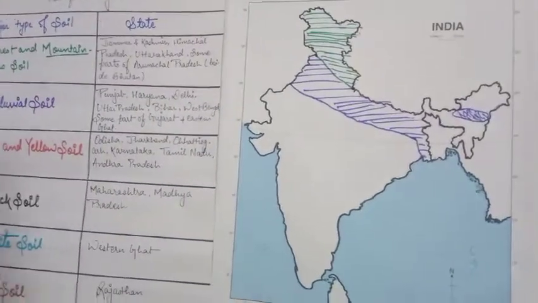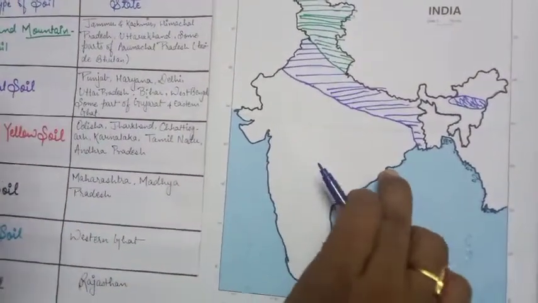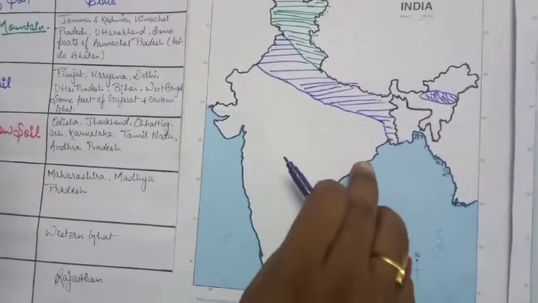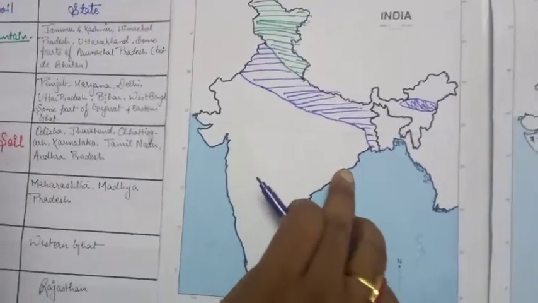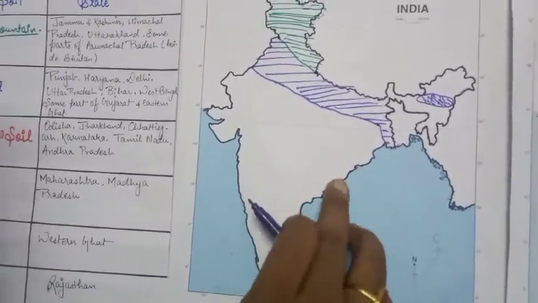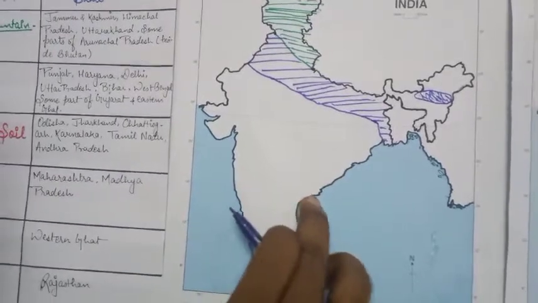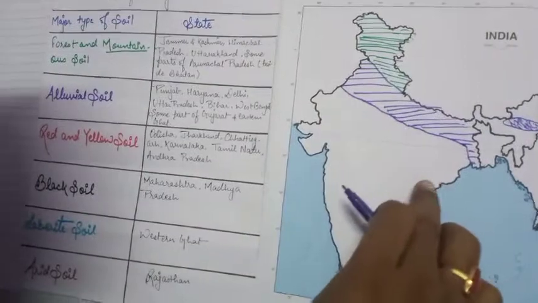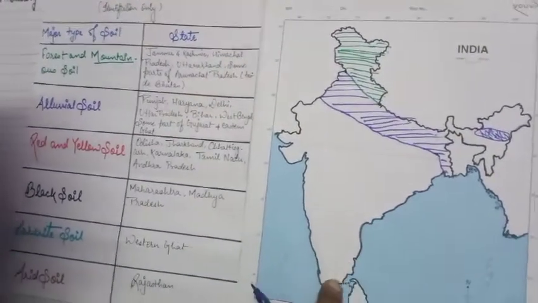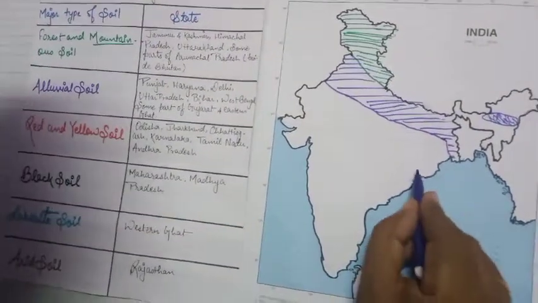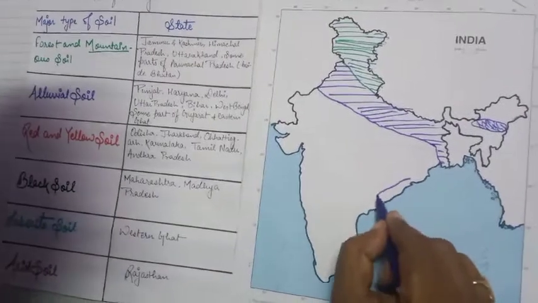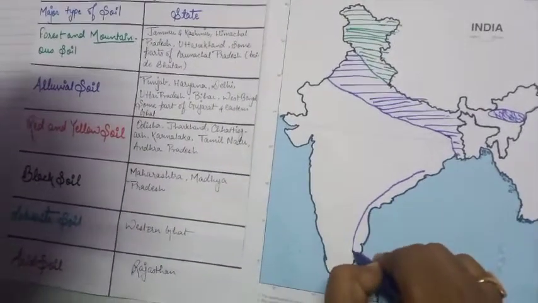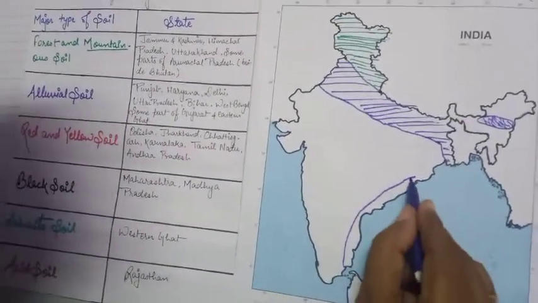Clear? Now this is the Chilka Lake, and just below it the Mahanadi is available. Here that is the Godavari, here that is the Krishna, and the below that is the Kaveri. And this area is known as Eastern Ghat. So the whole Eastern Ghat contains what?